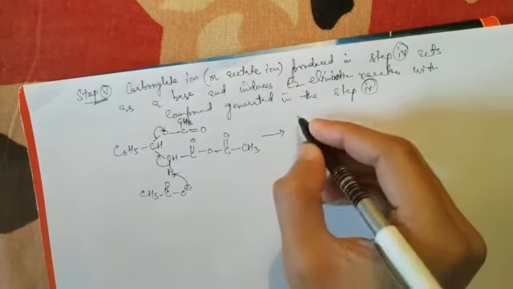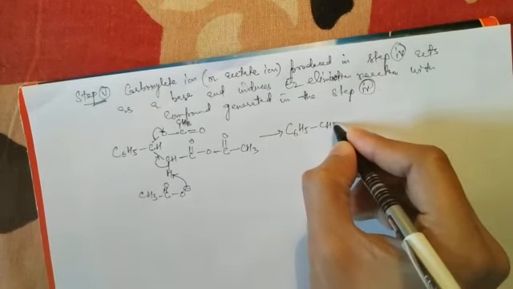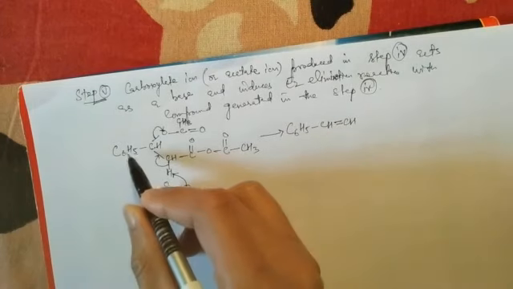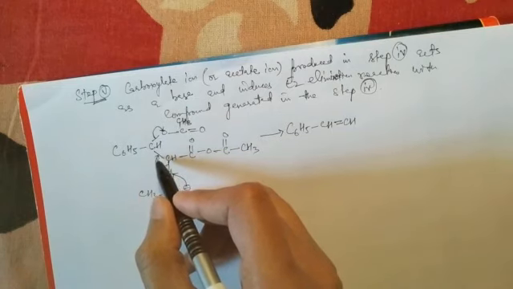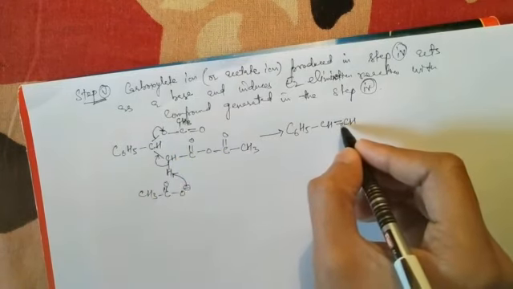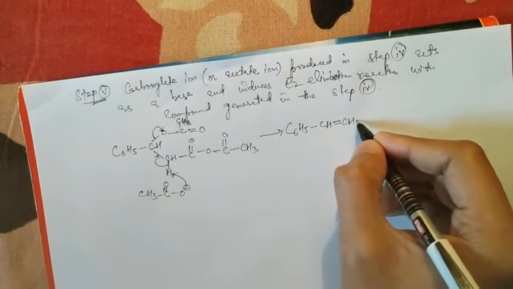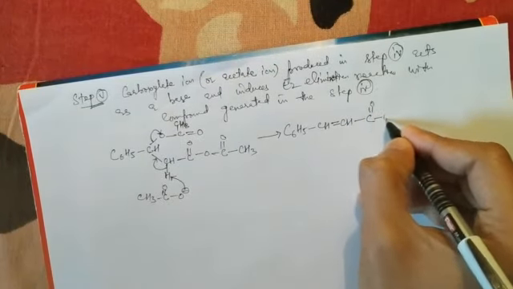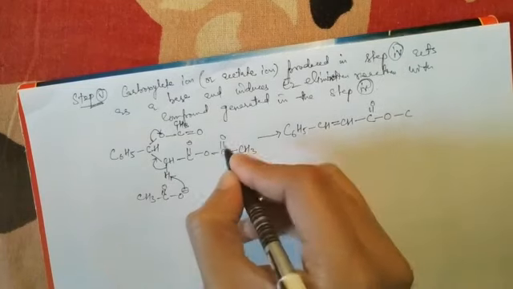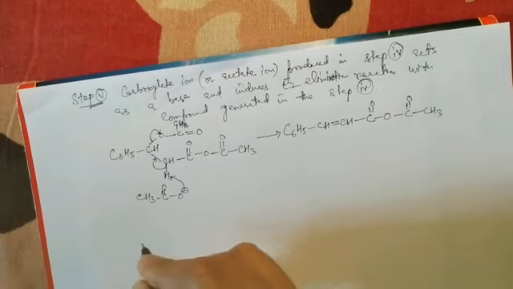Accordingly we get this sort of structure: C6H5CH, then the double bond generated, then CH, then single bond C double bond O, single bond O, then again C double bond O and CH3.